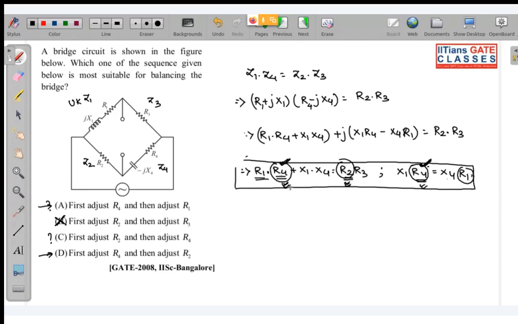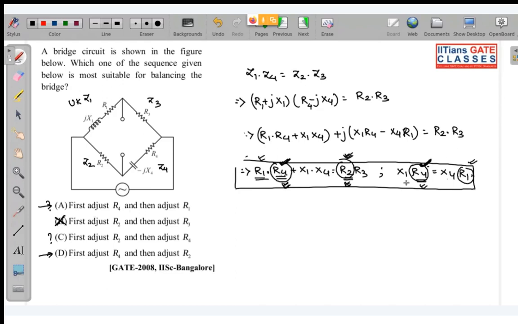But in option D, after R4, we are manipulating R2, which is present only in this equation. It is not present over here. Previously, we were manipulating R4 and then R1, which is present in both the equations. So once again, after setting, I am disturbing both the equations.